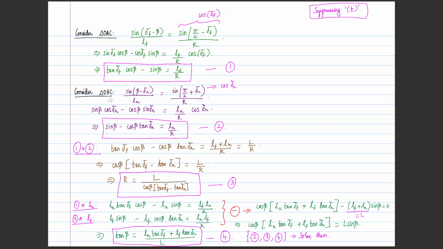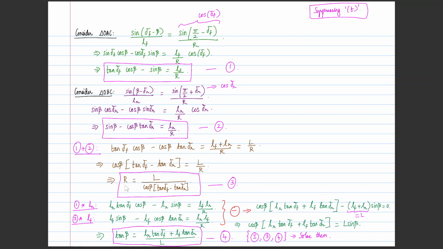Similarly, if we write for triangle OBC, it gives another equation, right? And if we add the first and second, we get this particular condition. So from here we can find the radius of curvature solely based on tan delta F and tan delta R.